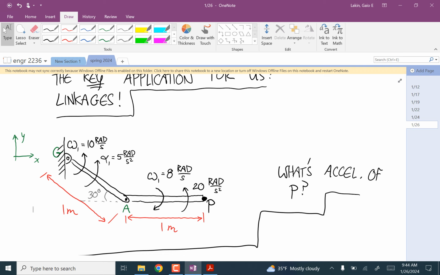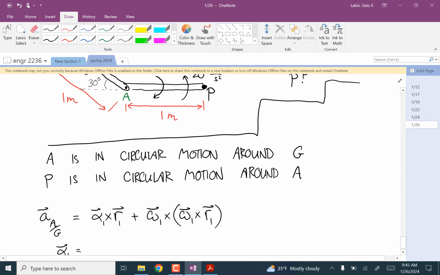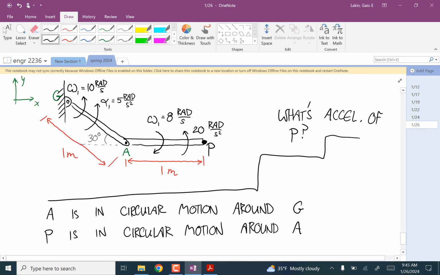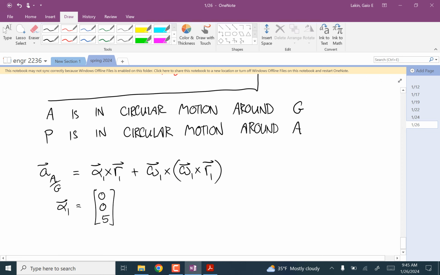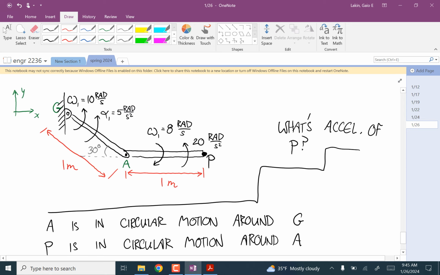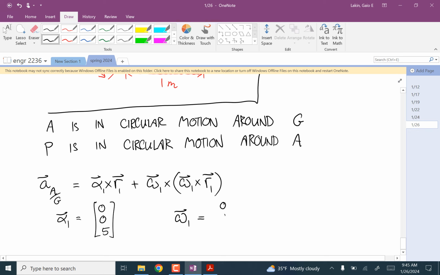Okay, so this is going to be 0, 0, 5. Right-hand rule says the same thing about omega 1. That has to be 0, 0, 10.